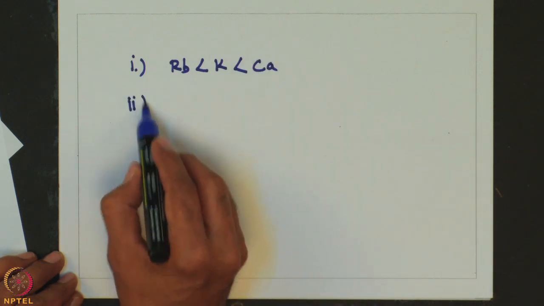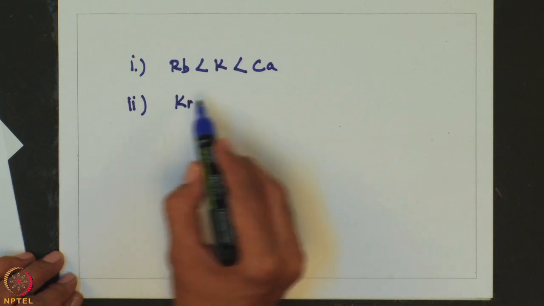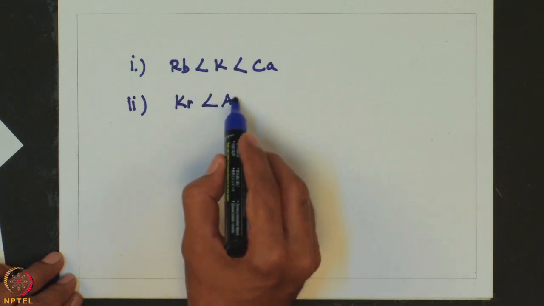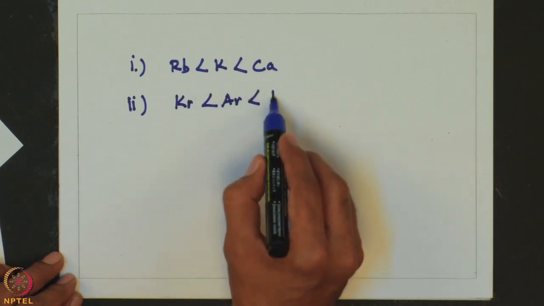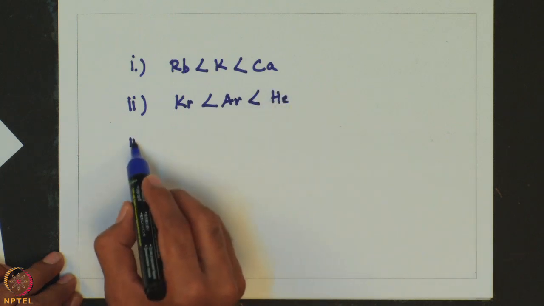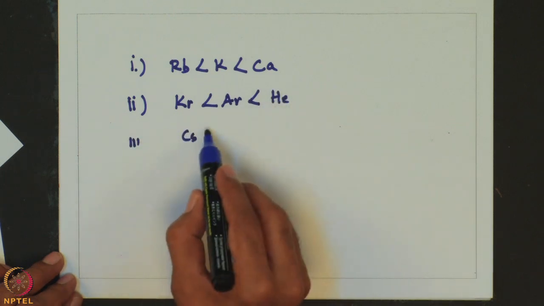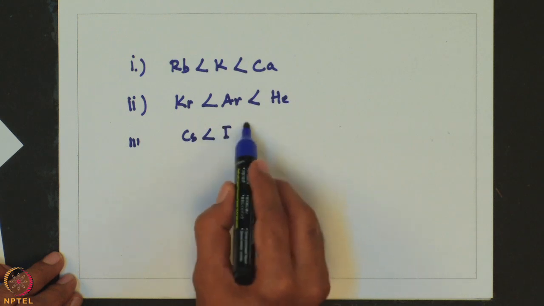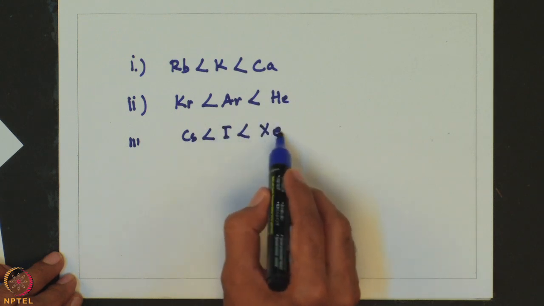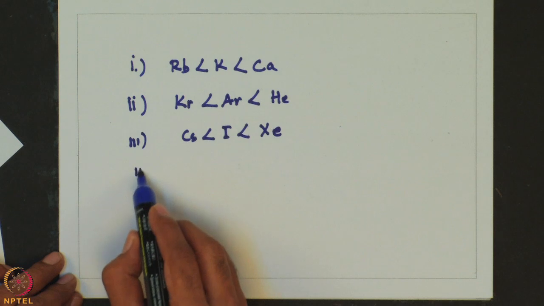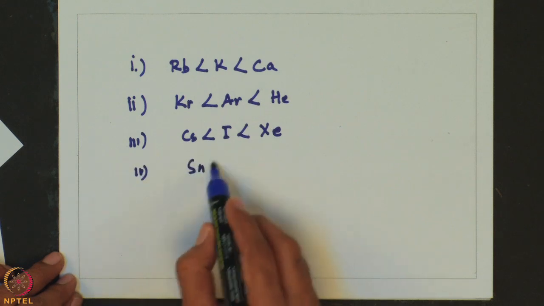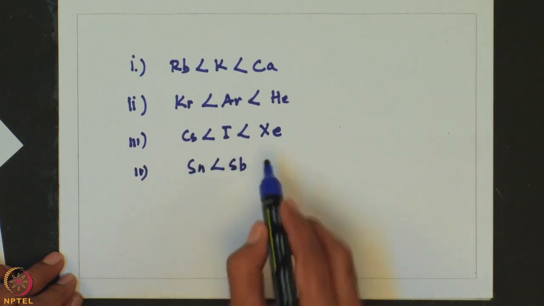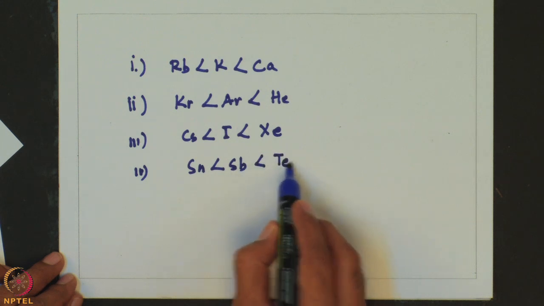Similarly for the second one it is krypton, argon and helium. Third one, cesium is less than iodine is less than xenon, and the last one, tin is less than antimony is less than tellurium.